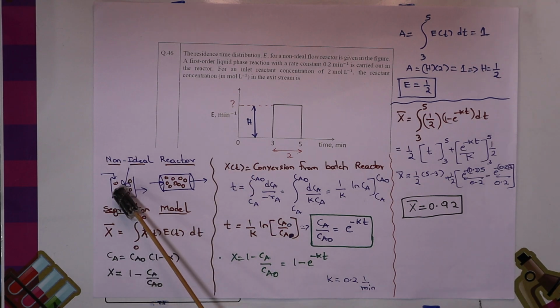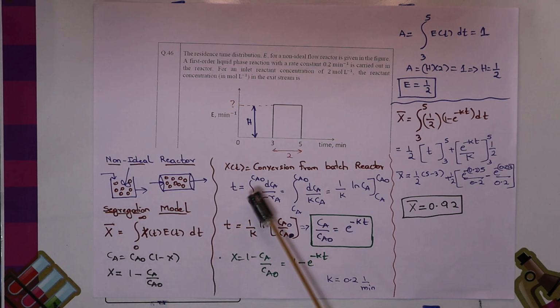Because every circle inside is a batch reactor, let us calculate the time. X of t is the conversion from the batch reactor, so what is t? Let us find the equation for the batch reactor.